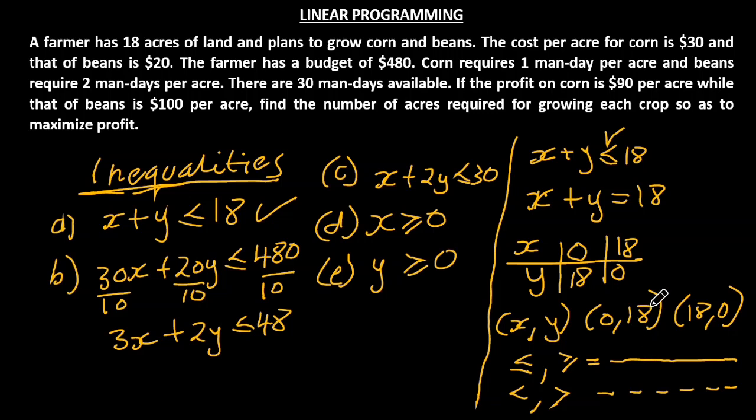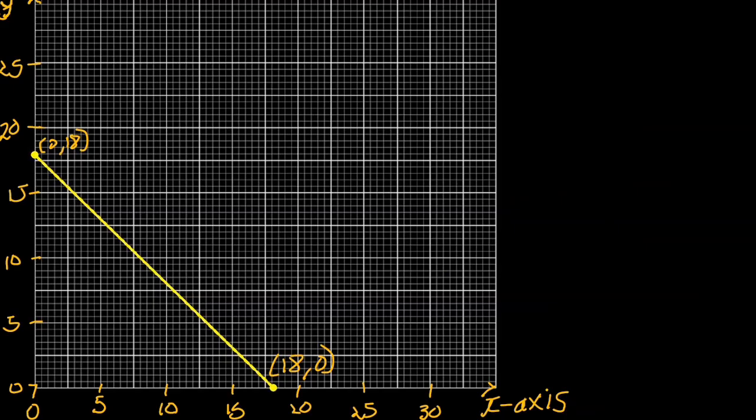But in this case, because I have the sign less than or equal to, I am going to use a continuous line. And if you look at my graph, I have been able to plot it nicely, as I have shown on my graph at this point.